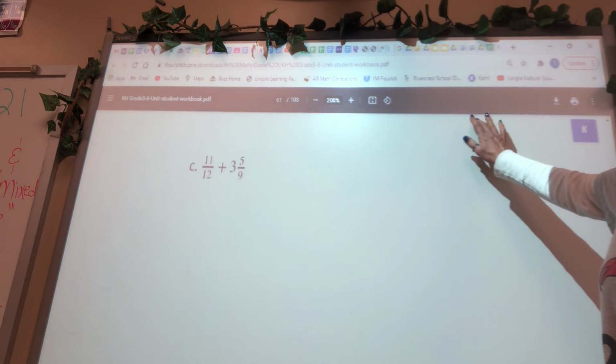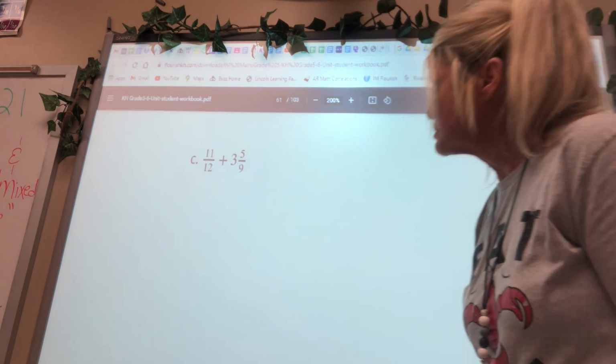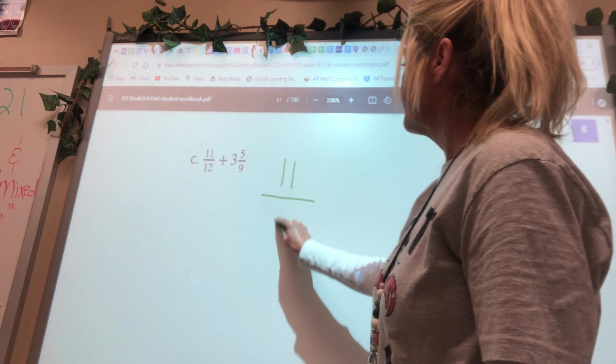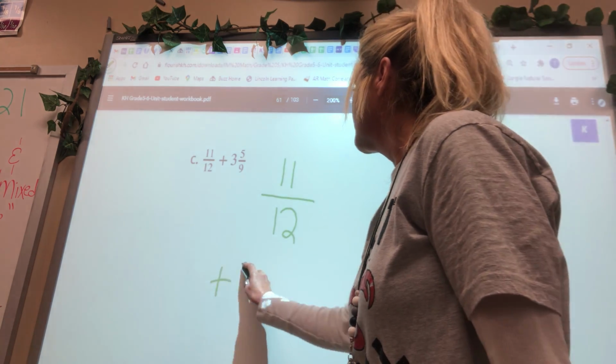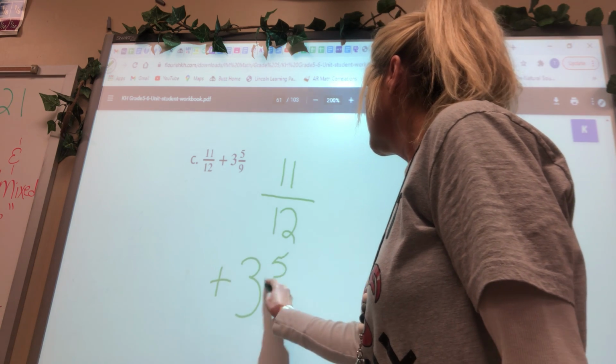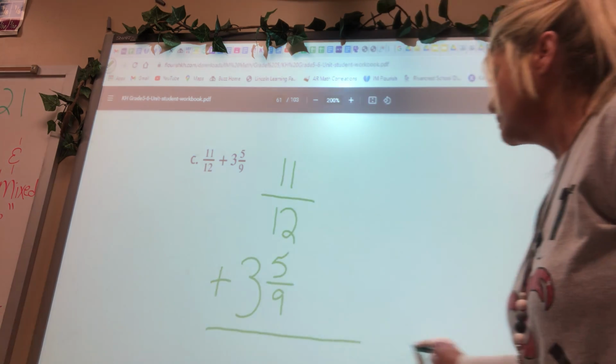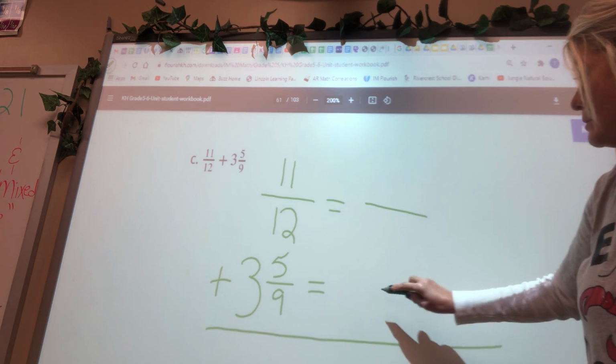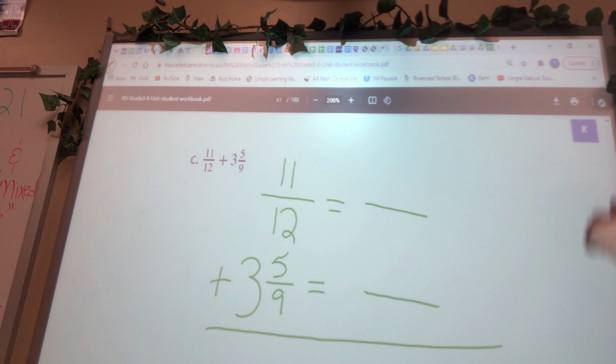All right, now they're throwing a mixed number in with us. They still have to have a common denominator.